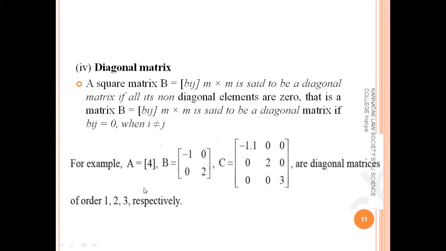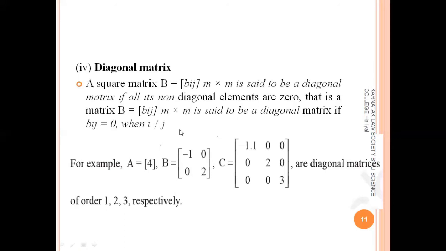And even if you write only 4 in the matrix, then it is said to be a diagonal matrix only. This first example is a diagonal matrix of order 1, the second is a diagonal matrix of order 2, and the third is a diagonal matrix of order 3. In general form, we write B equals Bij, m by m is said to be a diagonal matrix if Bij equals 0 when i does not equal j.